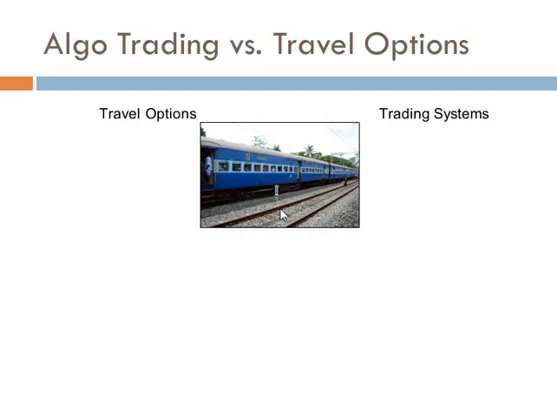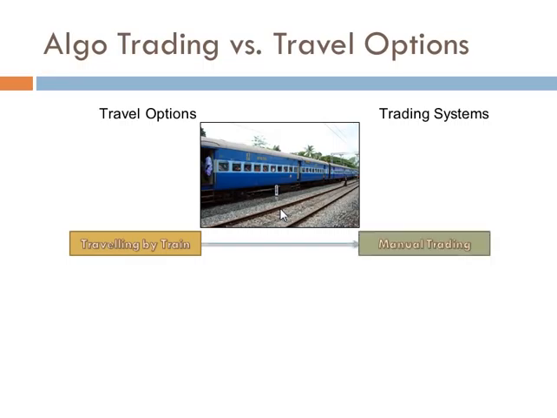Trains are a very sensible and efficient option for these people. Similarly, in the markets, we have manual trading. When one doesn't trade too much and makes very few transaction commitments, it's quite efficient and quite sensible for them to trade manually or to have a broker trade on their behalf manually.